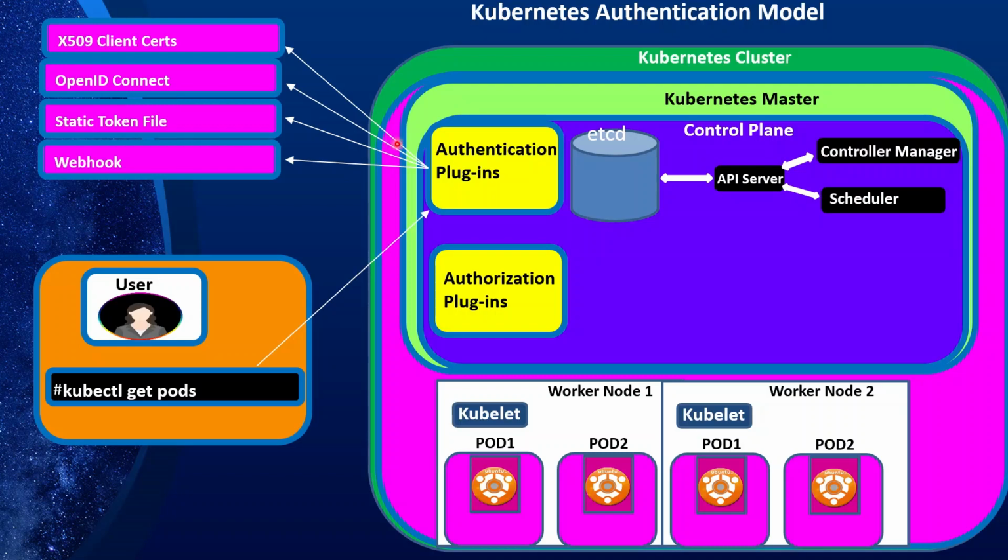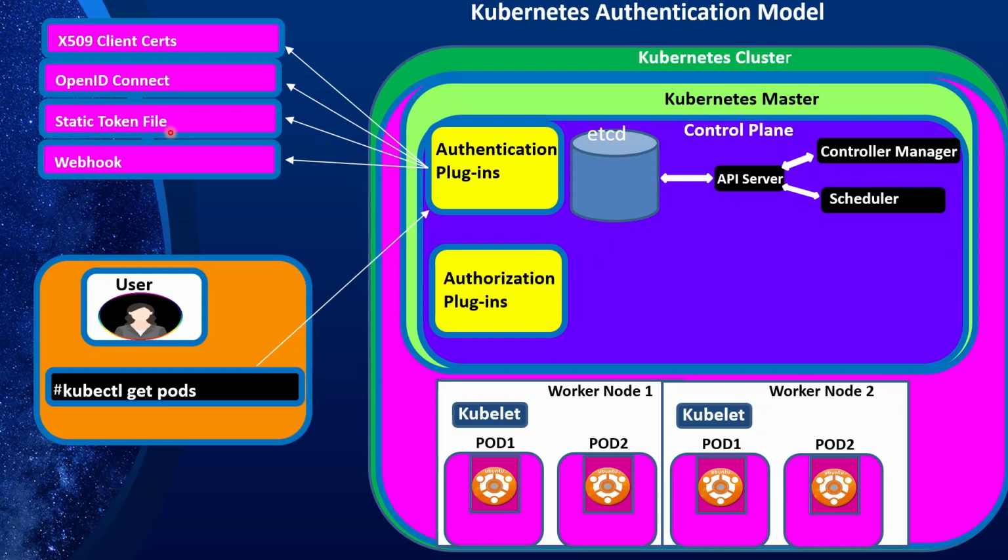Note that the API server does not save users. There's no way for you to create users through Kubernetes itself. It all relies on various plugins that you can use, such as, again, certificates or OpenID. Static token provides another way of authentication.